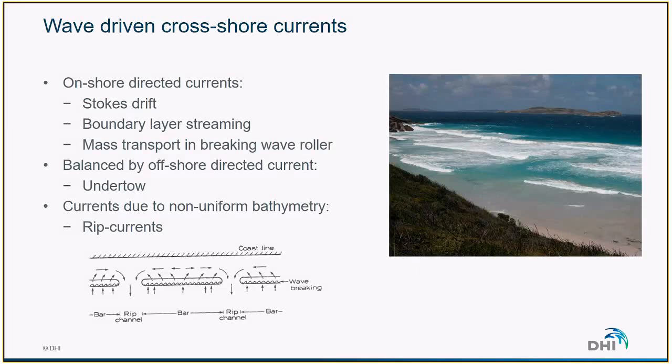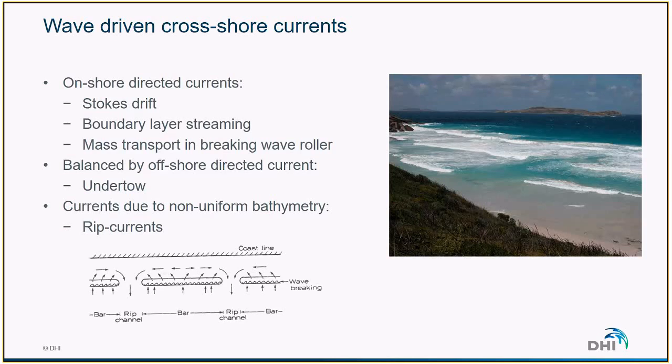And finally, in the breaking zone, there is also the mass transport, which is due to breaking wave rollers. These onshore directed currents are balanced by an offshore directed current, which is known as undertow. And this undertow can be very strong in the breaking zone.